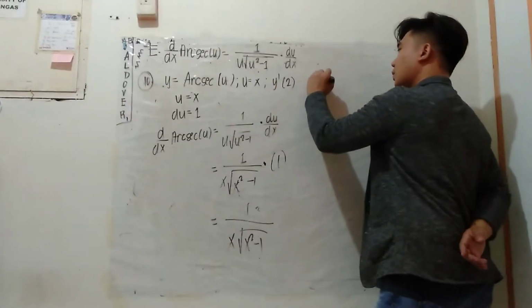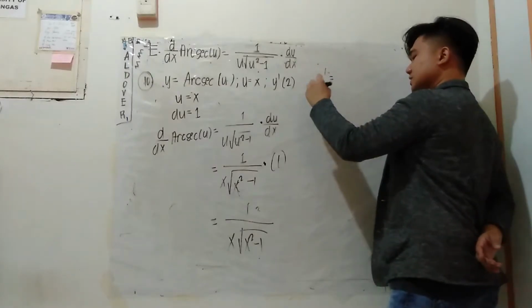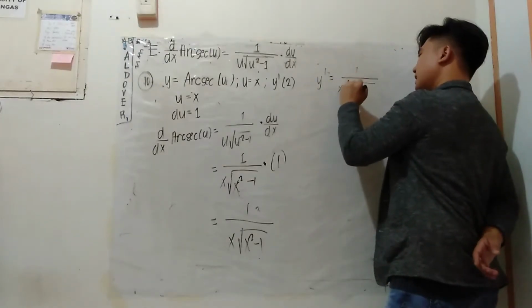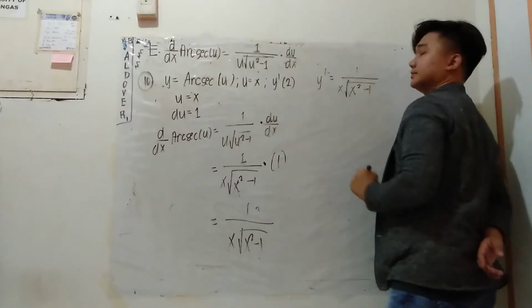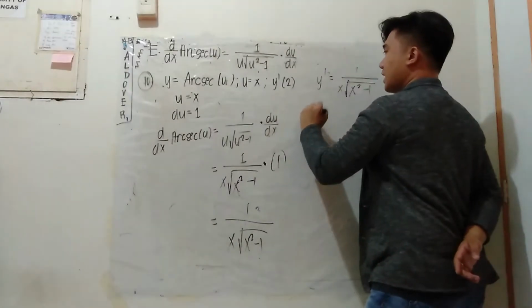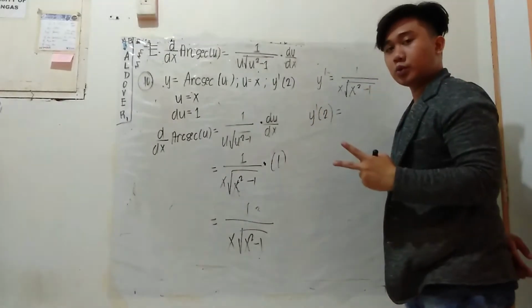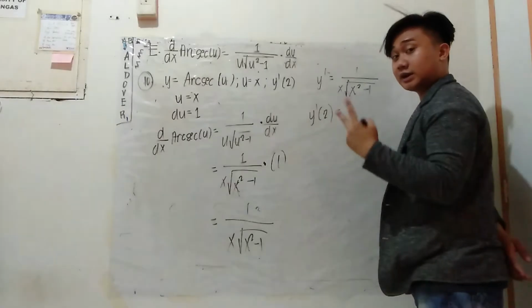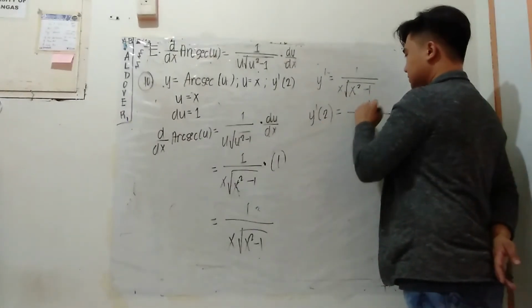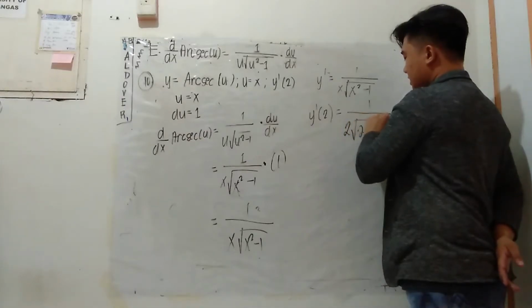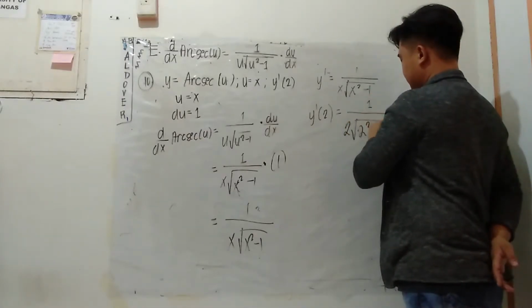So since y prime is equal to 1 all over x square root of x squared minus 1, what is y prime of 2? Again, all the x, I will just replace with 2. So, that is 1 over 2 square root of 2 squared minus 1.